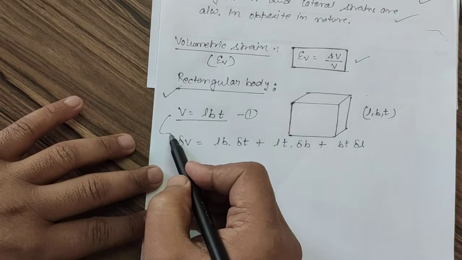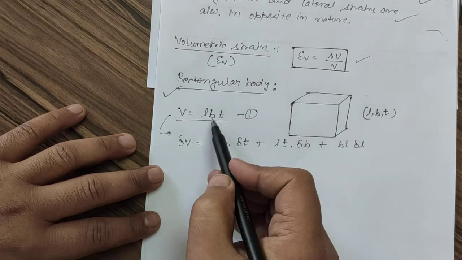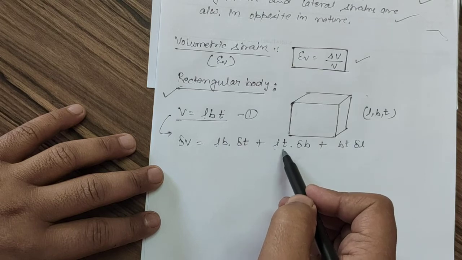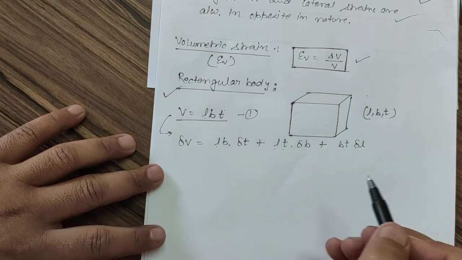We have done the partial differentiation of equation number 1. First take two constants and differentiate the third term, then again take two constants and differentiate the second term, then again two constants and differentiate the first term.